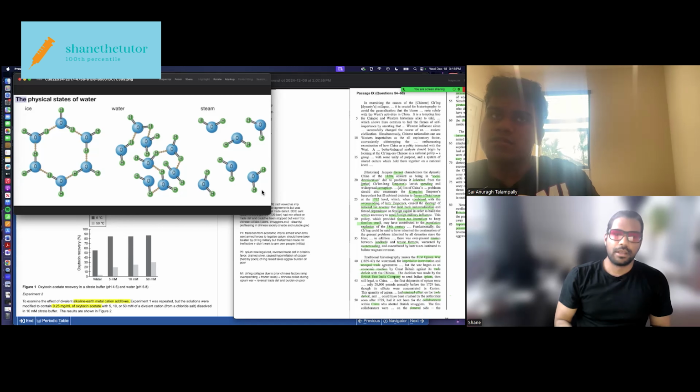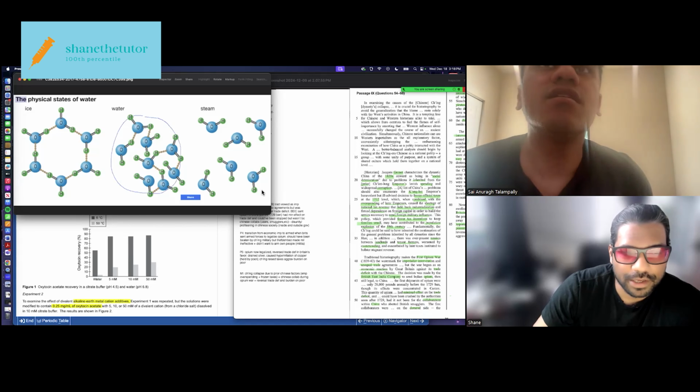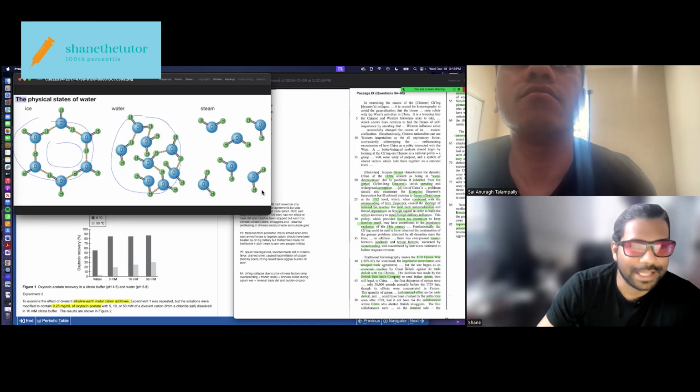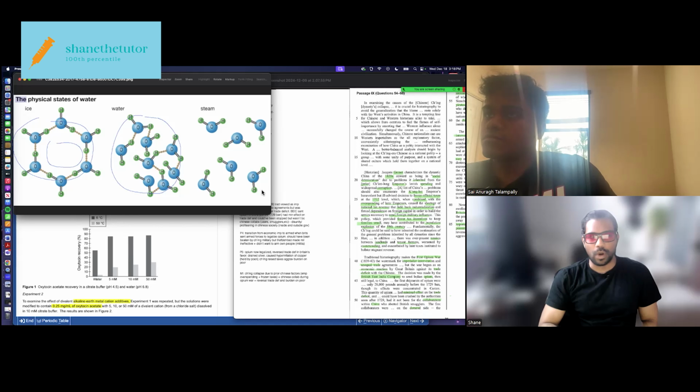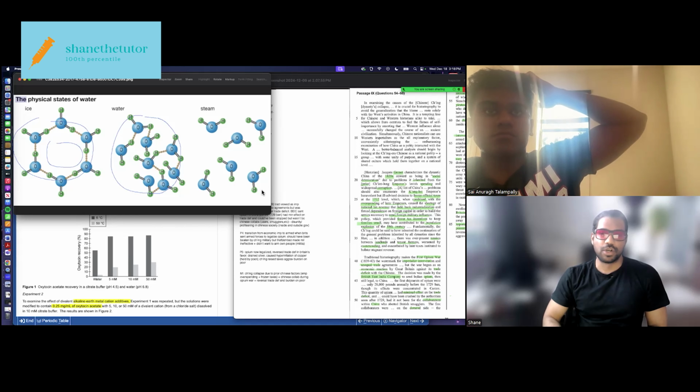In the liquid the water molecules are pretty close together, and here they're pretty far apart. You have this entire open space here. So solids typically get more dense, but for water the solid becomes less dense because it must produce this hexagonal crystal lattice structure. Cool, that makes sense.